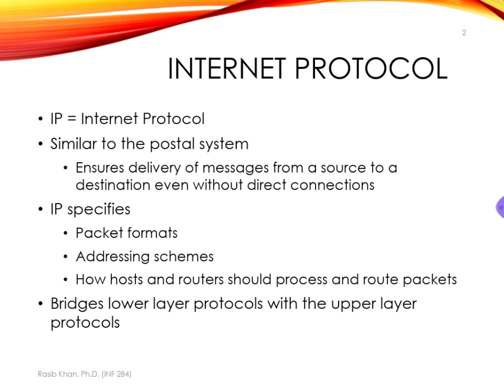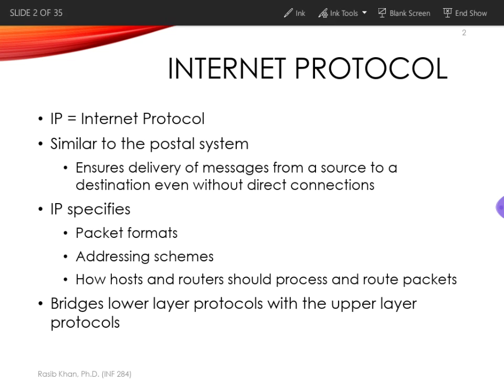So, what is the Internet Protocol? In short, it's commonly known as the IP protocol, and it's similar to the postal system that we can imagine working in everyday real life.